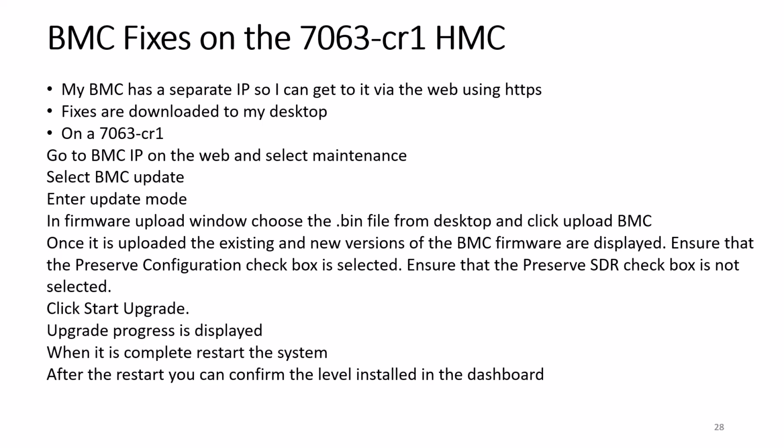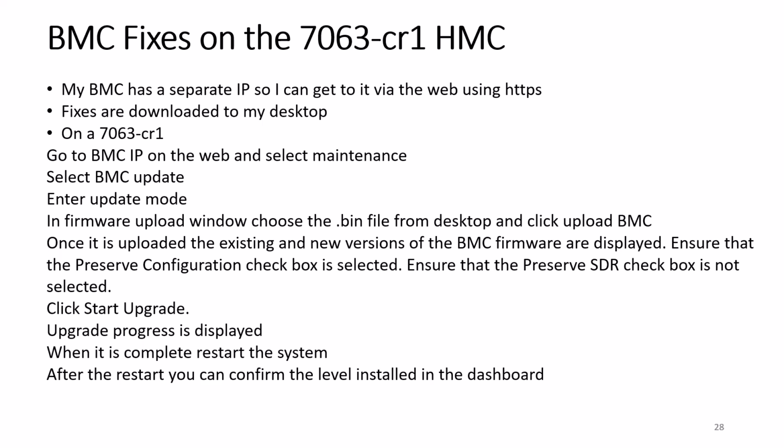So in order to update my BMC on the 7063 CR1, because I have a separate IP for the BMC, I get to it via the web using HTTPS. I download the fixes to my desktop. I then go to the BMC, select maintenance, select BMC update, and I enter update mode.